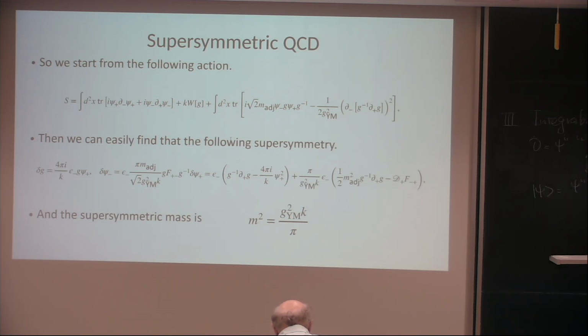But if you look carefully at these additional supersymmetry transformations, you will find out that they do not respect the gauge group, and hence will not act properly on this additional term.